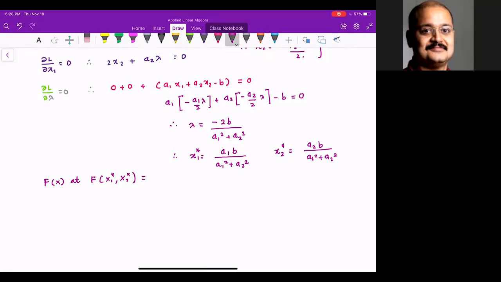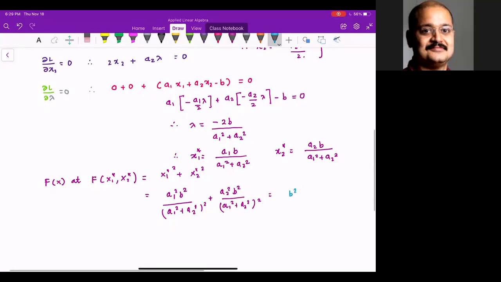You will substitute the value: x1 star square plus x2 star square will become a1 square b square divided by a1 square plus a2 square squared, plus a2 square b square divided by a1 square plus a2 square squared, and then once you combine, you get b square divided by a1 square plus a2 square.